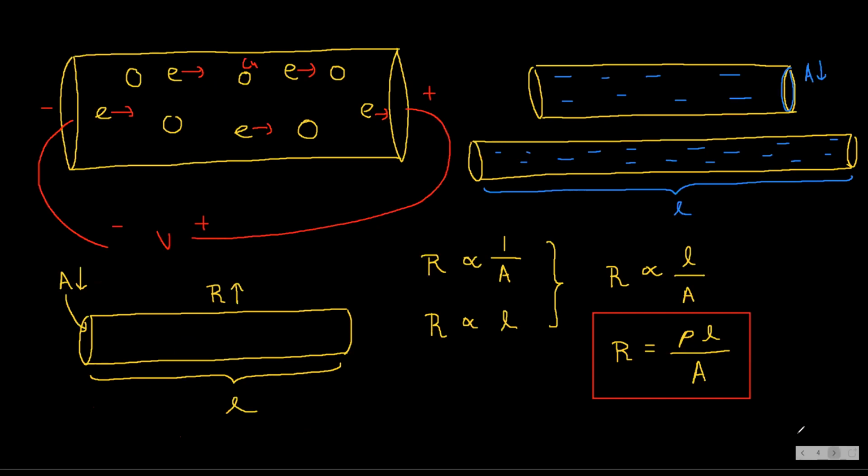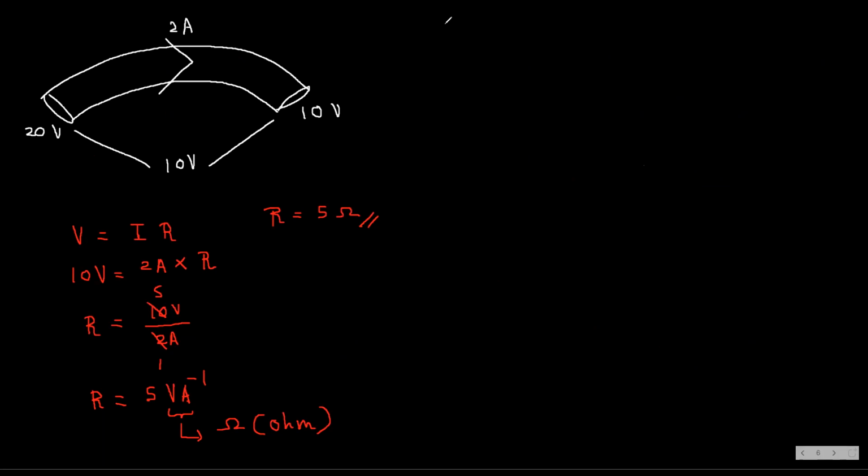R is equal to rho L divided by A. Consider there is a conductive wire which has length L and cross-sectional area A. Its resistance is R, and the resistivity of the material used to create this conductor is rho.